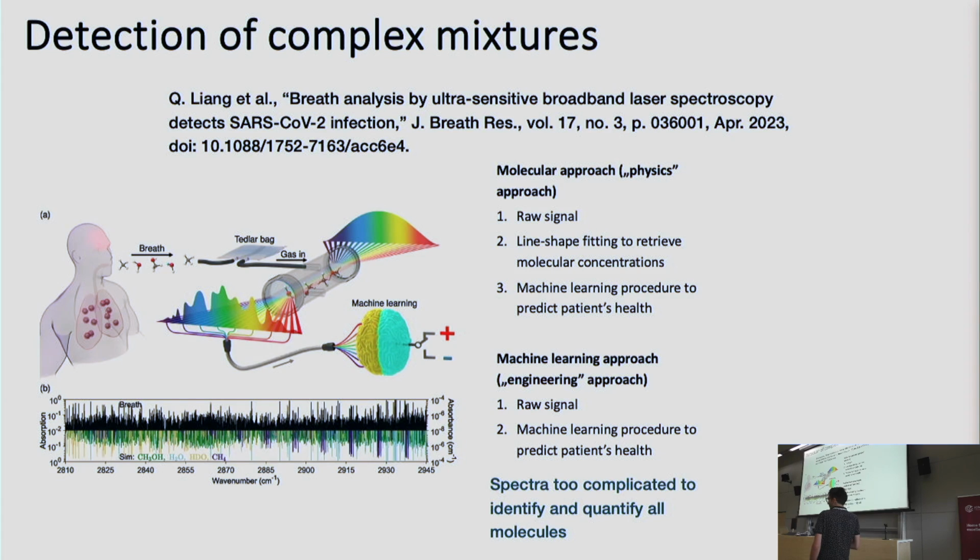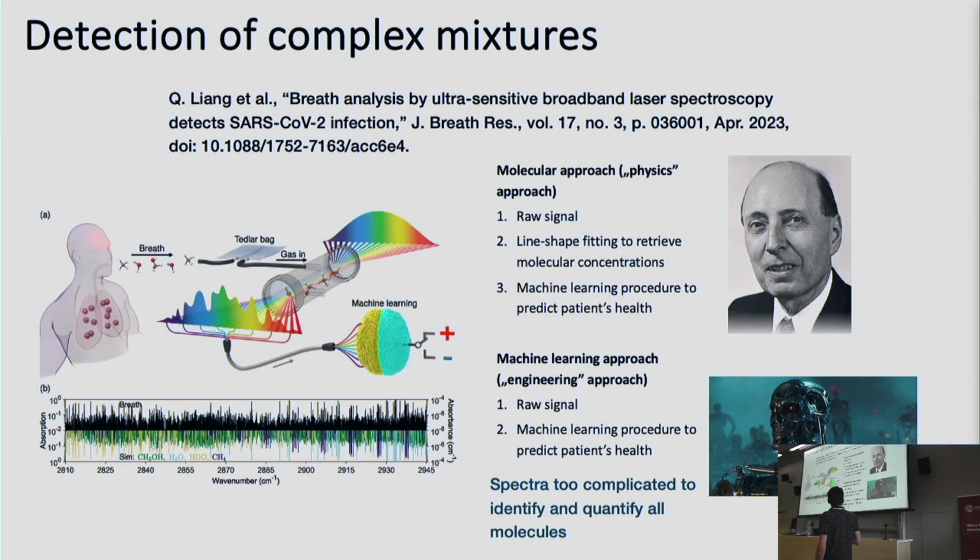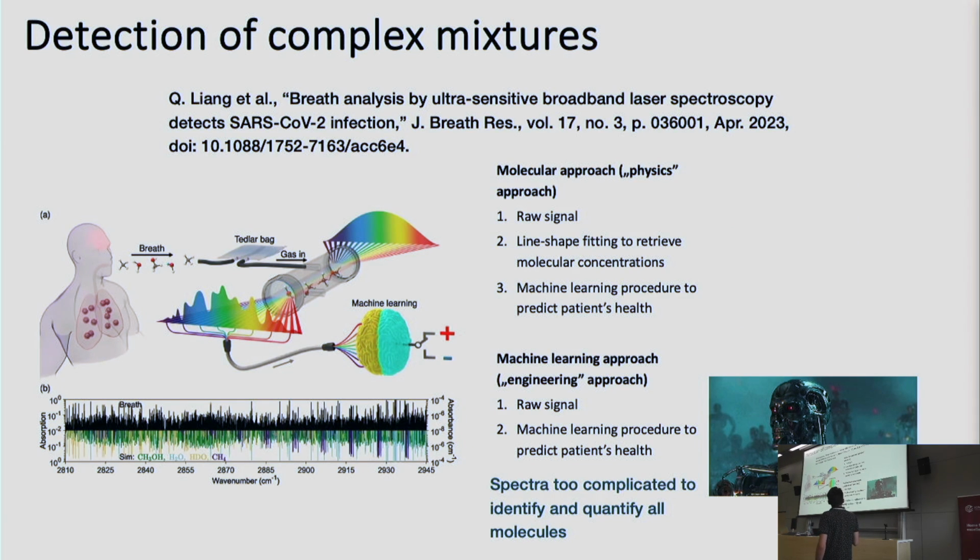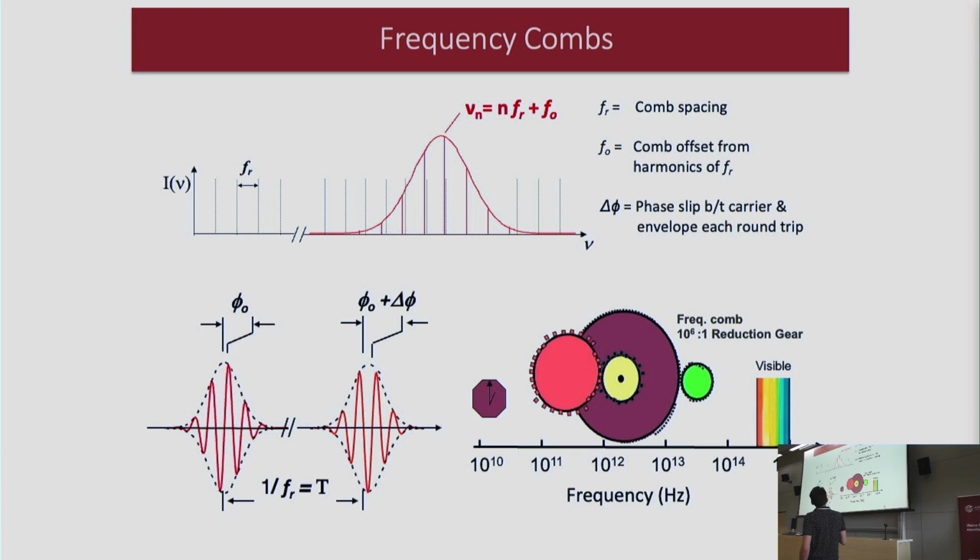This didn't work because the spectra were too congested. So using brute force machine learning, somehow they managed to find some predictors for patient health. But obviously we would prefer to figure out concentrations and have a physical model and biological model rather than a black box prediction.